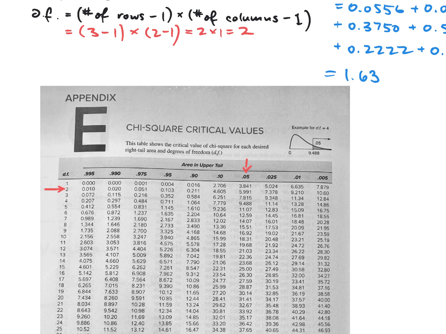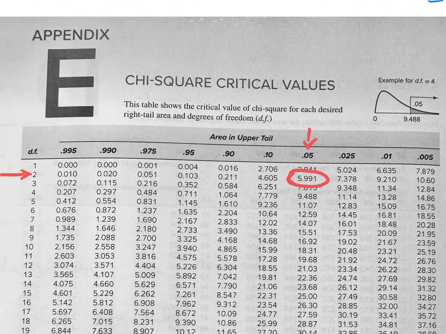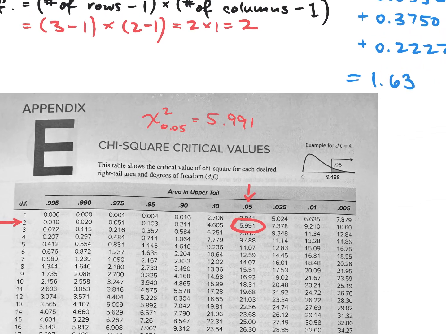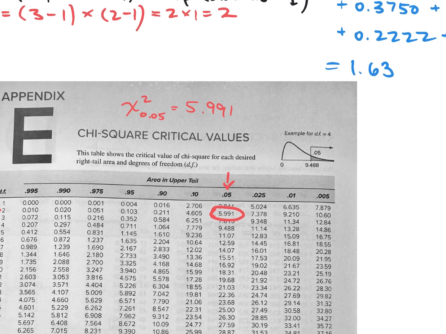Our critical value is right here in the table, 5.991. I'm sorry, the critical value is 5.991.